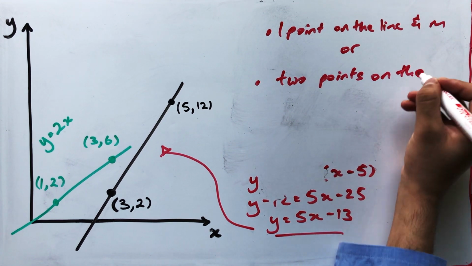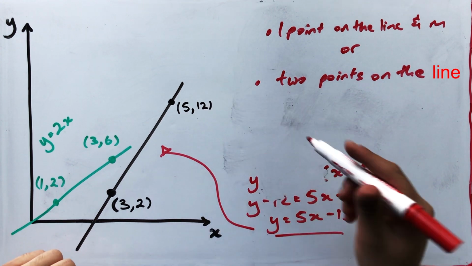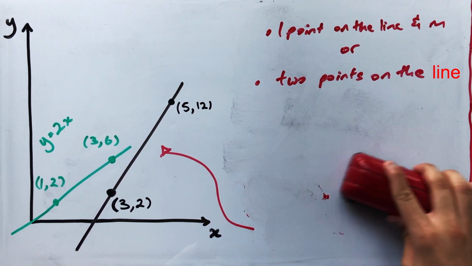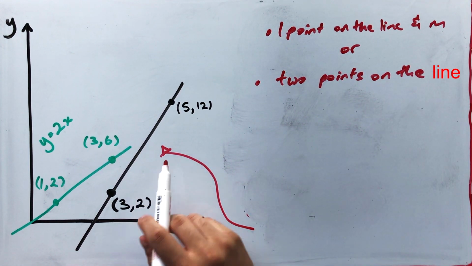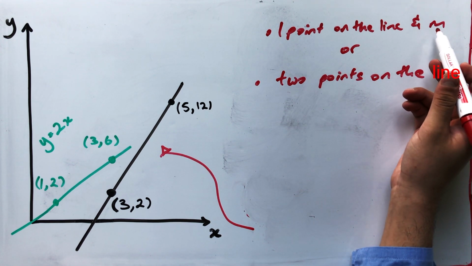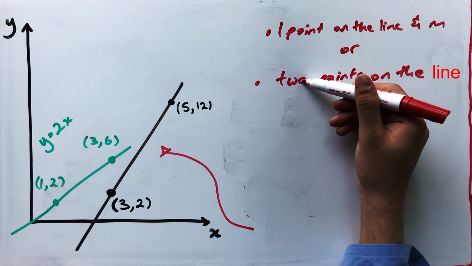Now, in this example, we got two points, then we deduced the gradient, and then we just substituted it into the formula to get the equation of this line. Let's say we got only one point on the line and the gradient, we wouldn't have to do the first step of finding out the gradient, we would just go straight to it.